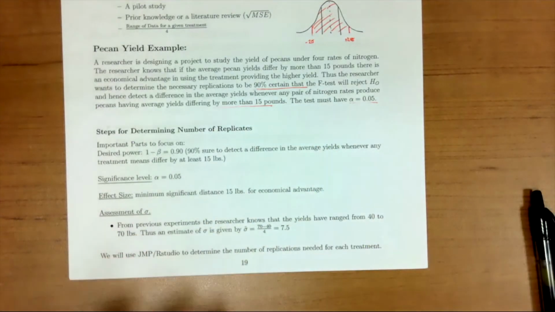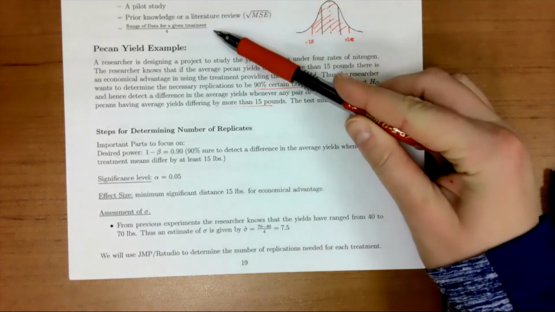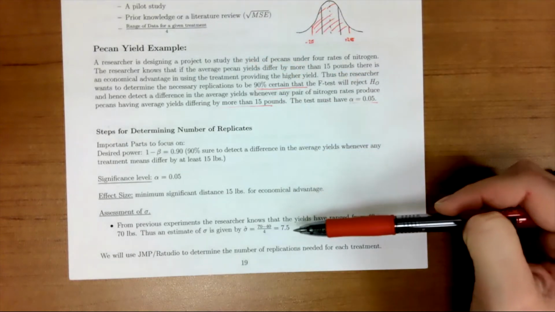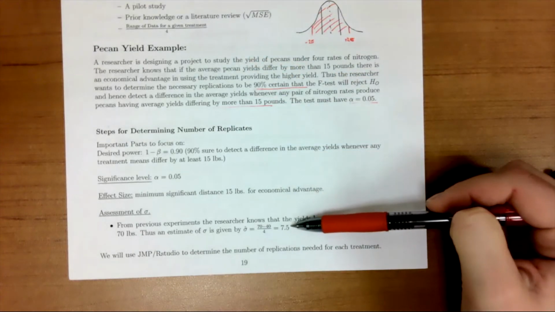The only thing we don't have is the assessment of sigma. So I'm going to tell you. From a previous study, researchers know that the yield of this data ranges from 40 to 70. And so we're going to use our heuristic rule to say our sigma is going to be 7.5.